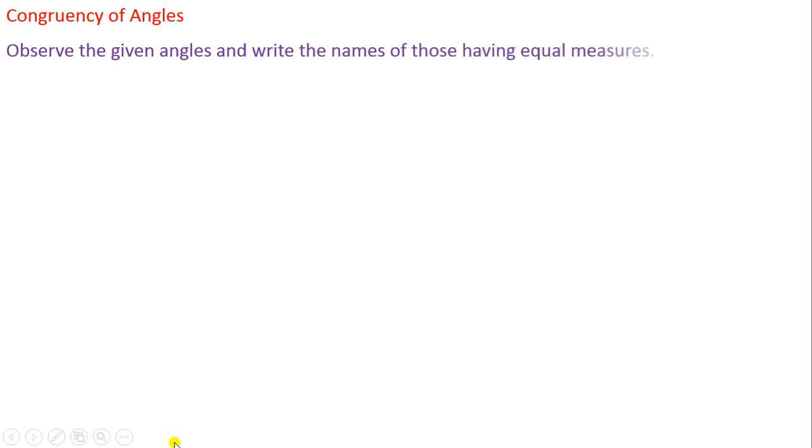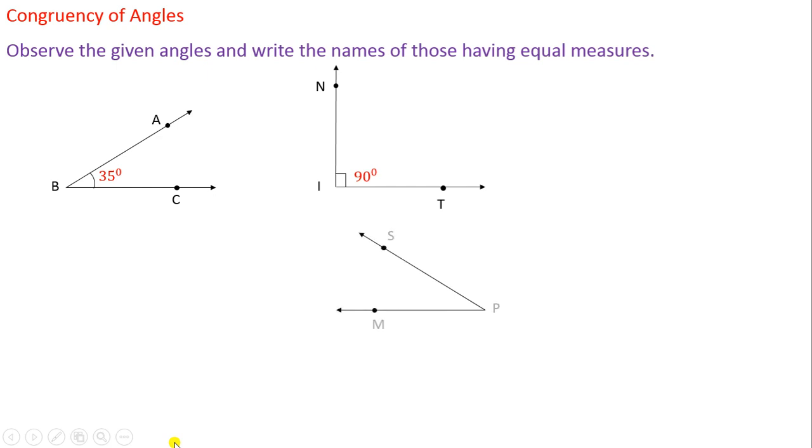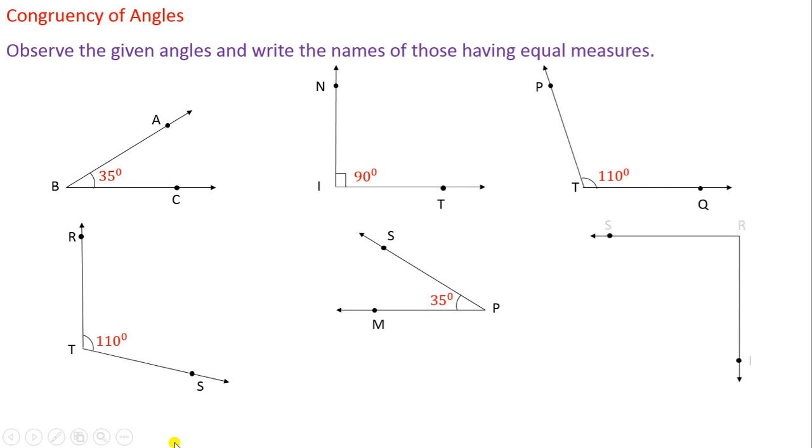Now we will see congruency of angles, and for that, observe the given angles and write names of those having equal measures. Here some angles are given, like angle ABC is of 35 degrees, angle NIT is of 90 degrees, angle SPM is of 35 degrees, angle PTQ is of 110 degrees, angle RTS is of 110 degrees also, and angle SRI is of 90 degrees.